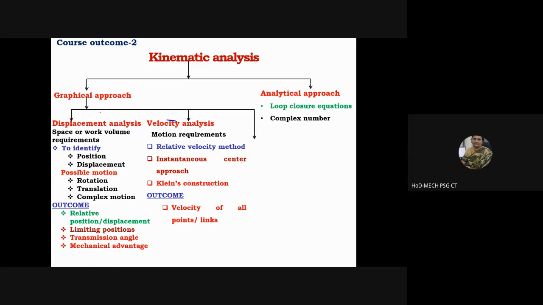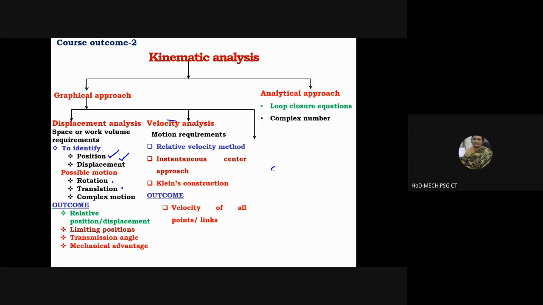In displacement analysis, the aim will be to find out the instantaneous position of various links of a mechanism. Based on positions at different instances of time, you can carry out a displacement analysis. As I mentioned, any body in space can have a pure rotation type of motion, or it could be a pure translation, or it could be a complex motion.